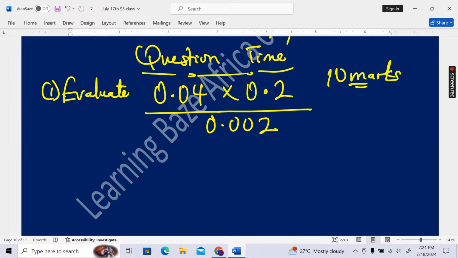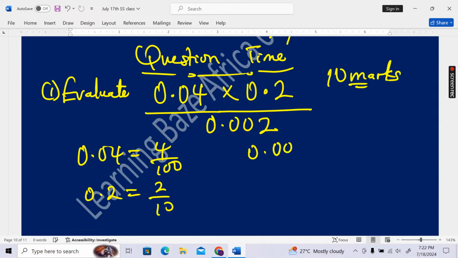So let's use the simplest method by changing 0.04 to fraction. So 0.04 to fraction, that will be 4 over 100, right? 0.2 to fraction, that will be 2 over 10. Then 0.002 to fraction, that will be 2 over 1000.